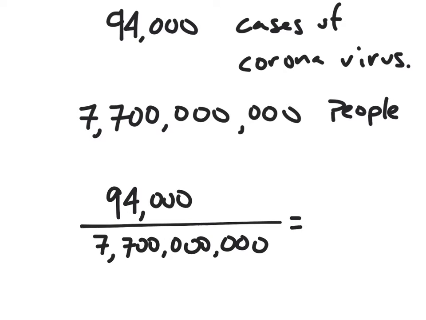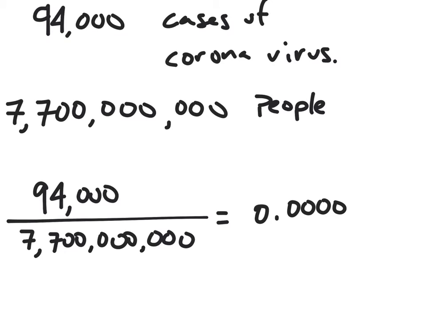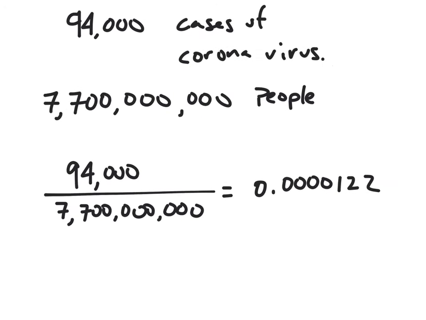You end up getting 0.0000122. All right. So this is the ratio of people that have coronavirus out of the total population.